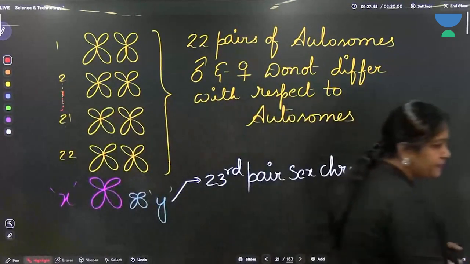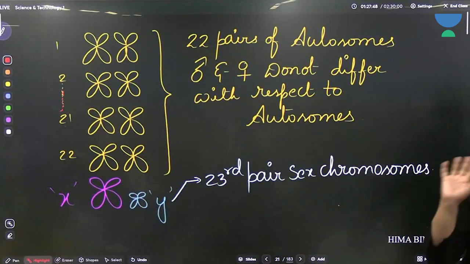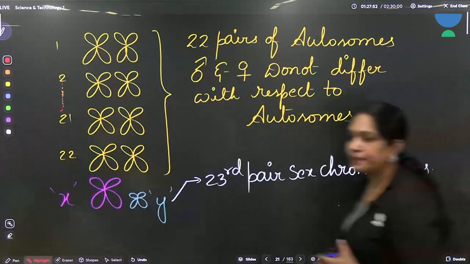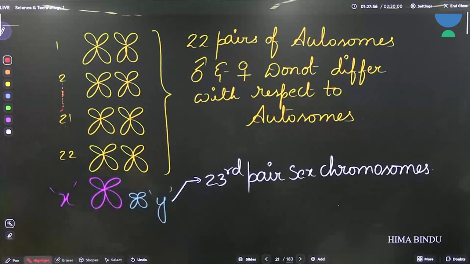Irrespective of size, the sex chromosome is given the 23rd position. The 23rd chromosome is not based on size, because the X chromosome is larger and the Y chromosome is smaller. So first we set the sex chromosome apart, and number the remaining autosomes based on size, largest to smallest.